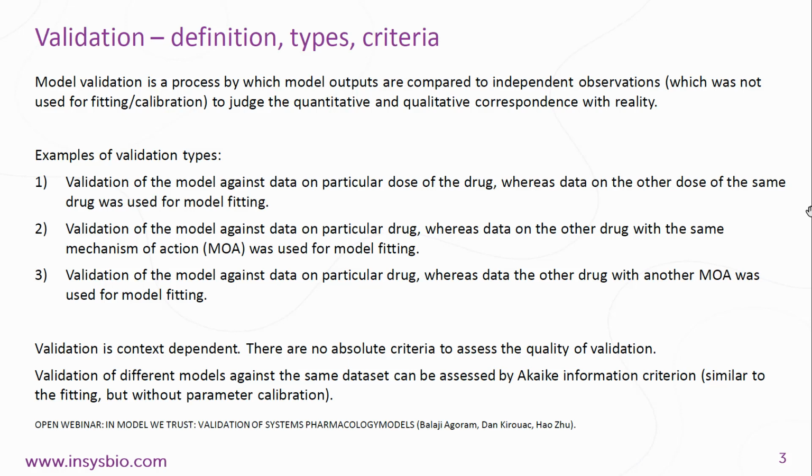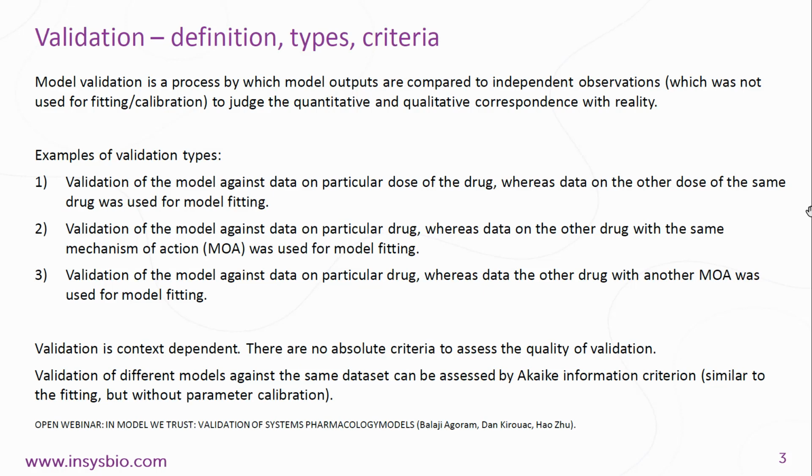For example, validation can be done in the following manner. If you have clinical data on the particular drug, you can divide this data into two parts and use the first part for the model fitting and the second for the validation. Another case is when you have clinical data for two drugs and you use the clinical data on the first drug for the model fitting and data on the second drug for the model validation.